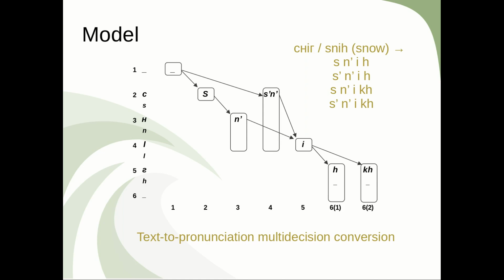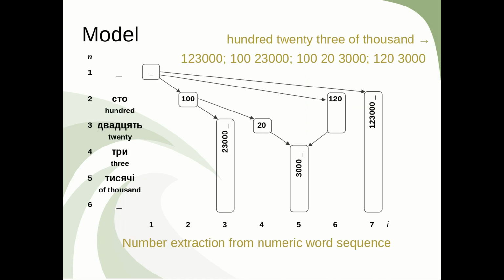Like in this example, the Ukrainian word snig, meaning snow, can be pronounced in four slightly different ways. A similar approach can be applied to sequences of numerical words from a quite limited sub-vocabulary. By sequences of such words, we can extract sequences of numbers.